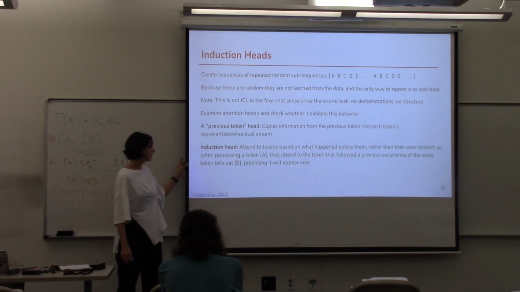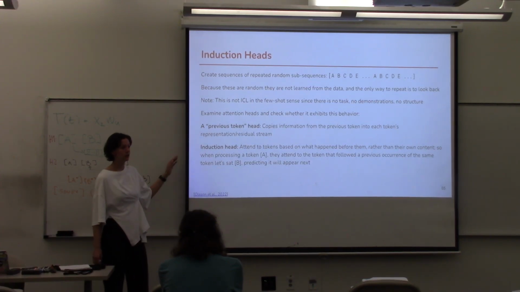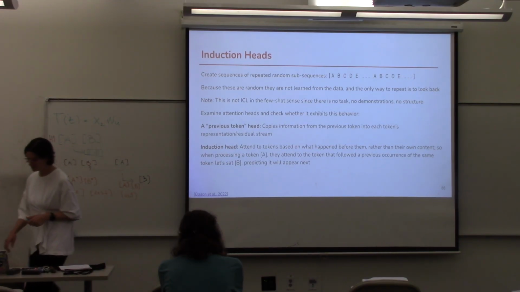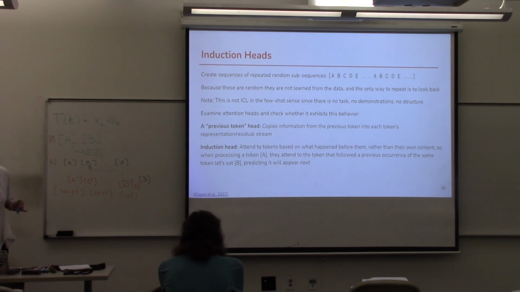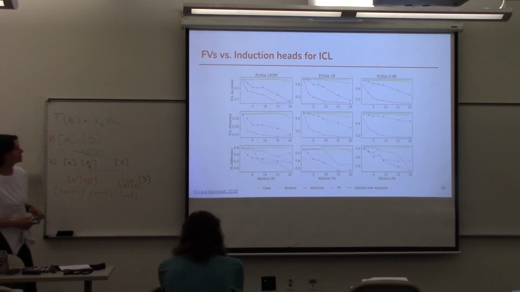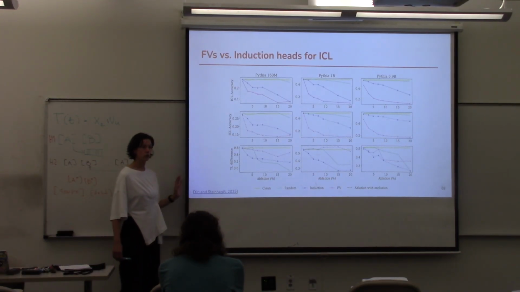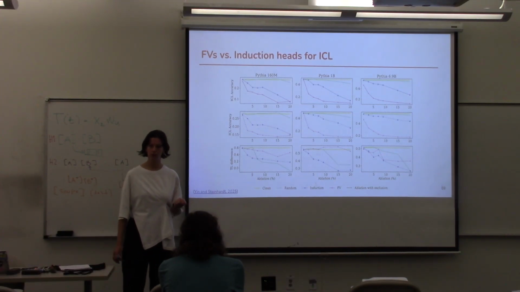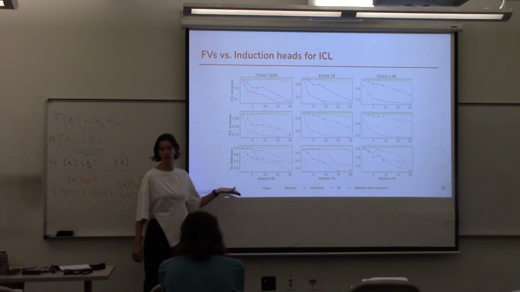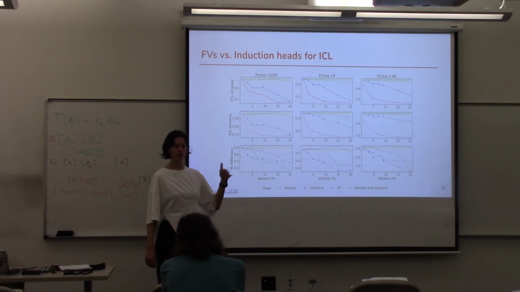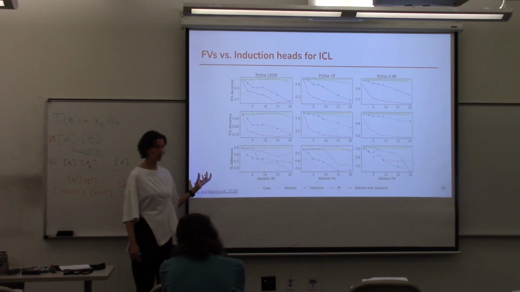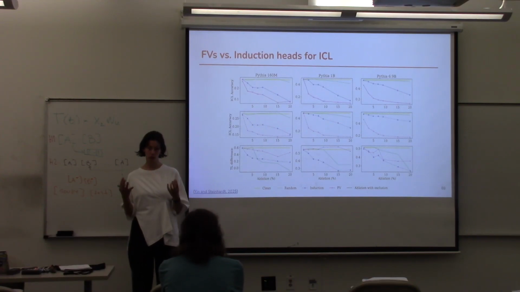This work has been evidence that these induction heads are what drives in-context learning for a long period of time, until 2025. And then, because I told you last time that we will see a work by Hume and Steinhardt that shows that they are actually not the primary driver of in-context learning, and something called function vectors is pointing to heads that are driving in-context learning, but those heads identified with function vectors are not the same as induction heads.